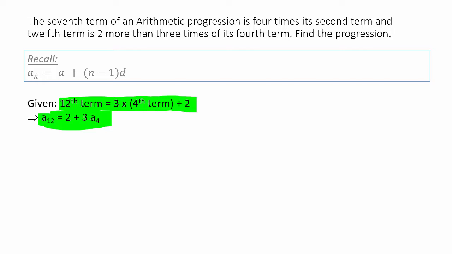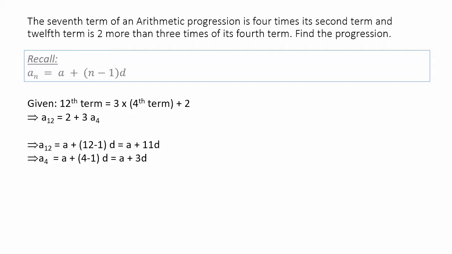Again using a plus n minus 1 d, A12 is a plus 11d and A4 is a plus 3d. Using this, we get a plus 11d is 2 plus 3 times a plus 3d.